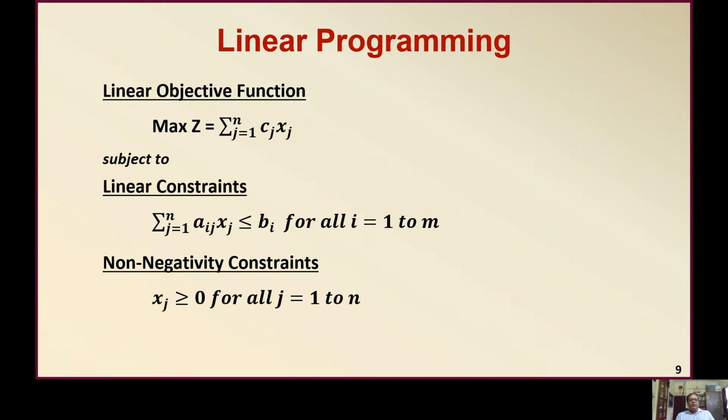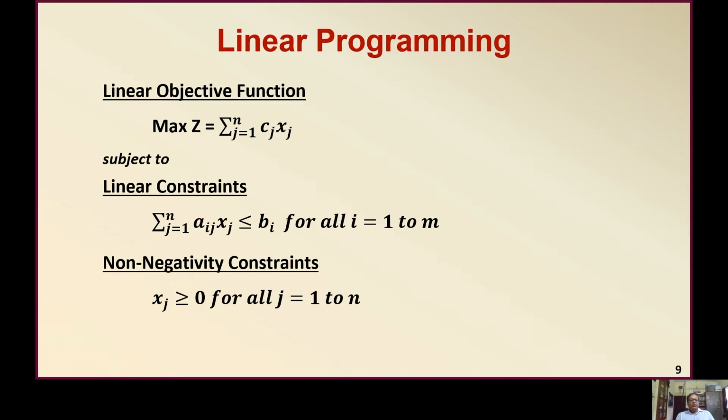In a standardized maximization problem, we use the less than or equal to sign. So the resource limits, b1, b2, b3 for 3 different resources, should not be exceeded. And aij is the coefficient, that means how much resource is required per unit of xj.